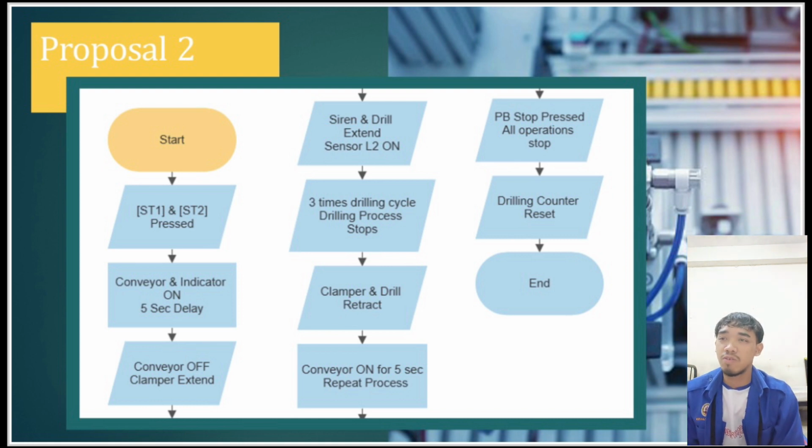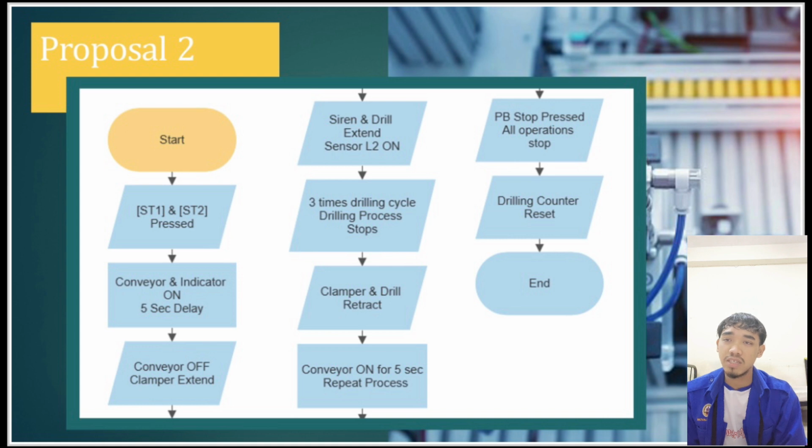For the proposal 2 flowchart, it starts, then ST1 and ST2 are pressed, then it goes to the conveyor and indicator. The conveyor and indicator are on for a 5 second delay, then the conveyor goes off and the clamper extends. Then it goes to the siren and the drill extends, sensor L2 on.